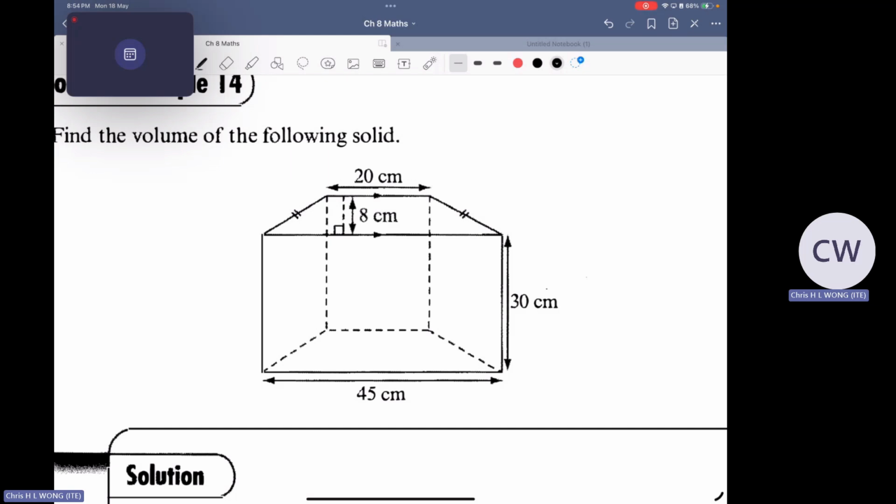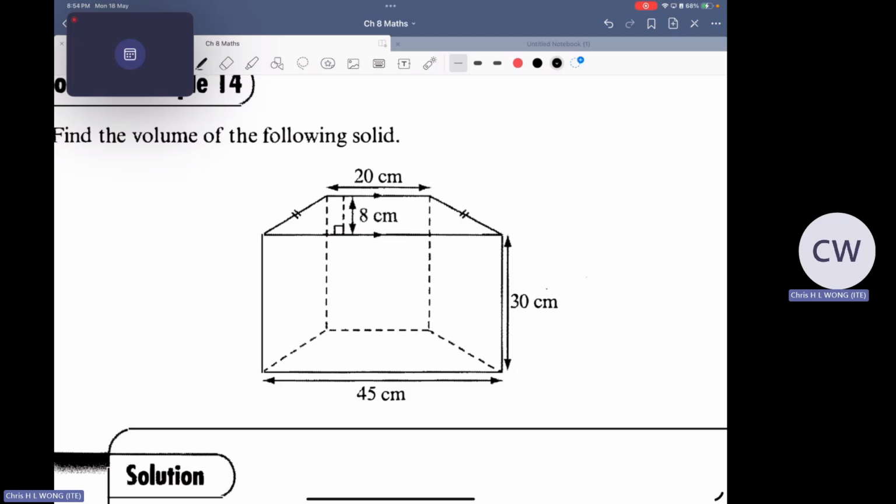Remember, find one cross-section area only. Don't go and times two. Take one cross-section area times the height. Now, by the way, look at the trapezium on top. What is the height of the trapezium?